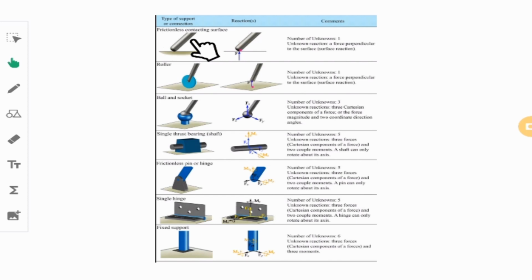The only thing that you cannot do is penetrate the surface, and that's why you have only one F over here. The same story if you have a roller, you have only one F over there. Ball and socket, as we discussed in the example, we have three forces which prevent translational motion, but you are able to do rotation in whatever direction you like.